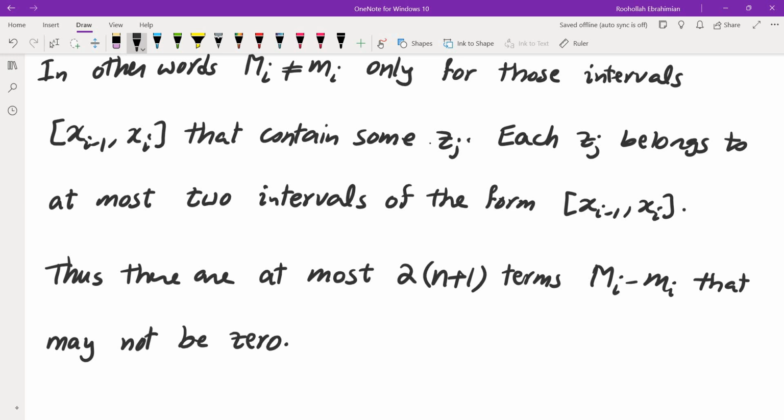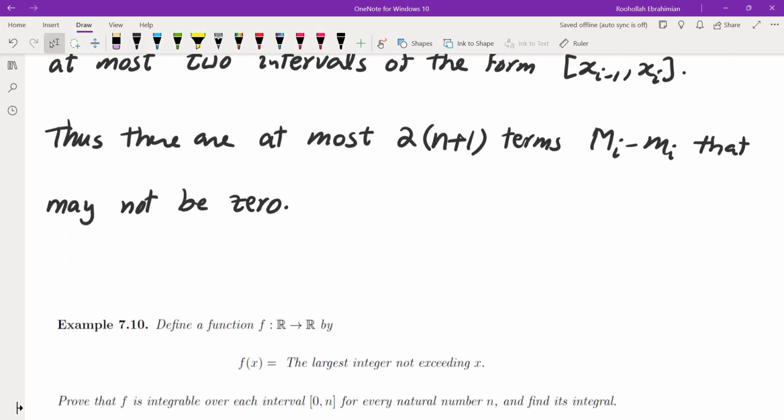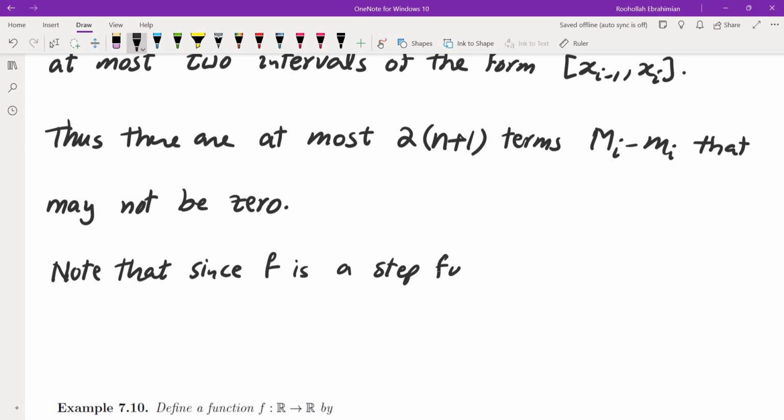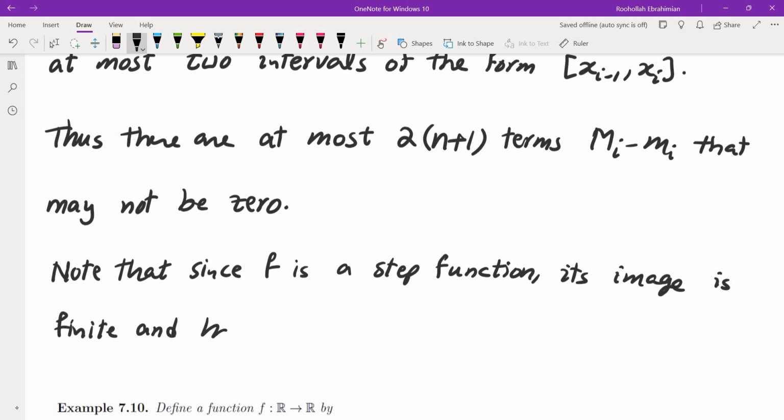Now look at the function. The function was a step function, so it was certainly bounded. There are only finitely many values for the function. Note that since f is a step function, its image is bounded. It is in fact finite, and hence bounded.